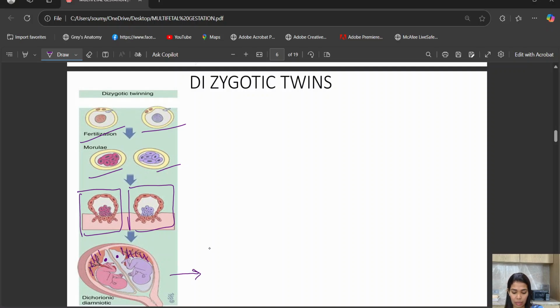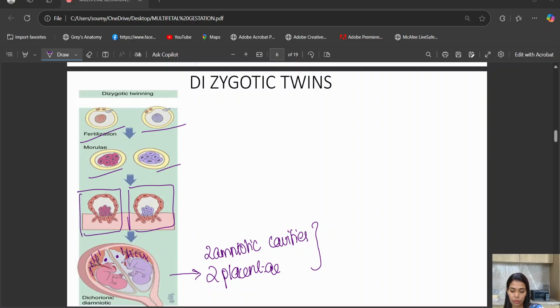So I am saying that there are two amniotic cavities and two placentas. So whenever we say there are two amniotic cavities, we will call it a diamniotic and dichorionic pregnancy.